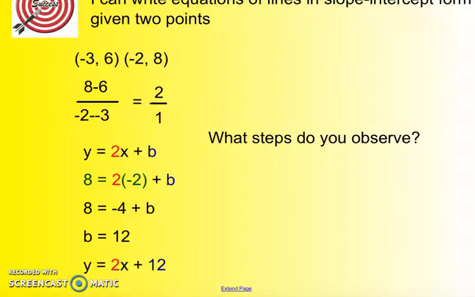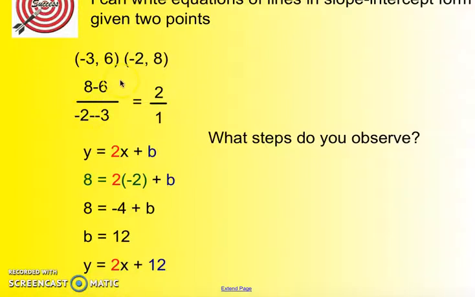Great observations. I notice that the first thing that they're doing here, and I had to think, in the past, where have I seen this before?